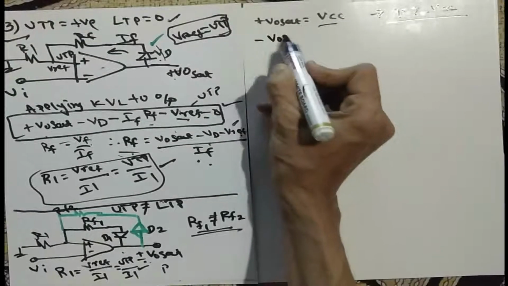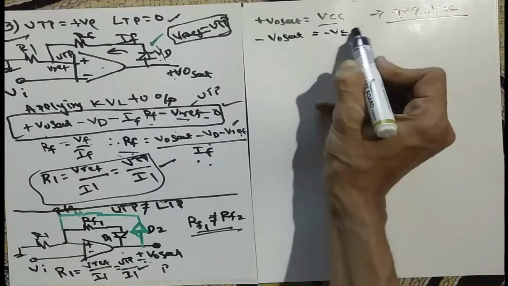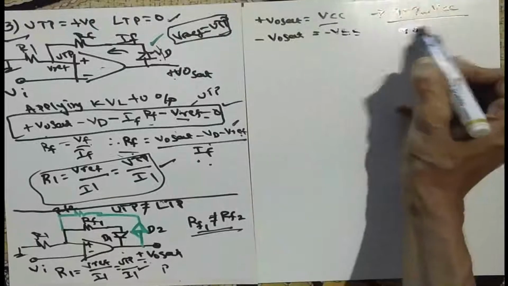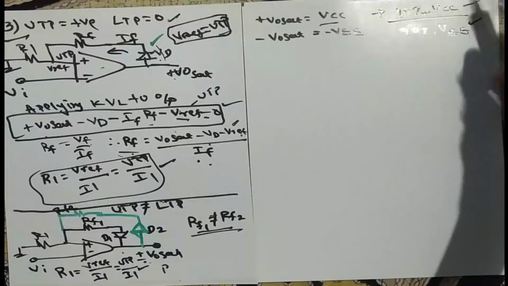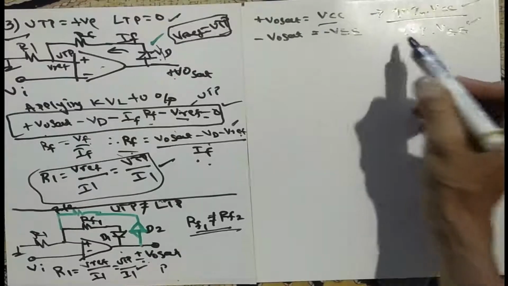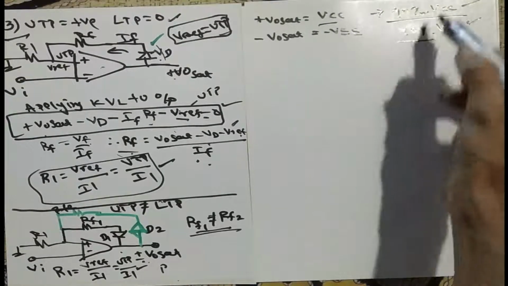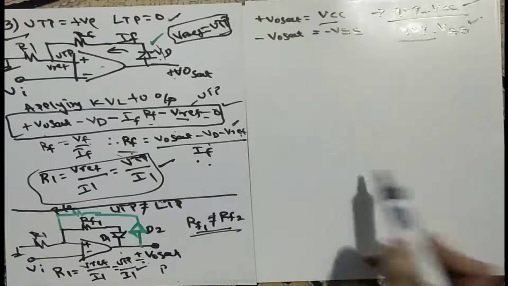Similarly, minus V0 saturation is nothing but minus VEE, that is 90% of VEE. This is what we actually have to use. The 10% we call dissipation, so we can remove it. So 90% of VCC or VEE gives plus or minus V0 saturation.